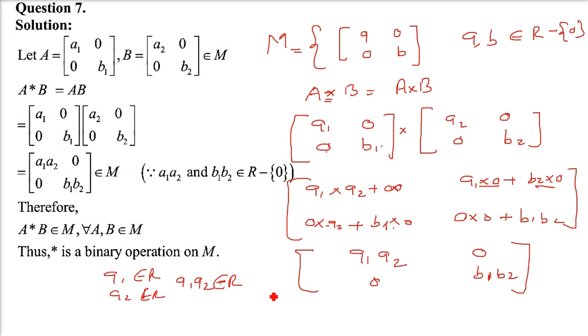Even if it is 0, it doesn't matter, because it will belong to real numbers. Real numbers have 0 inside them. B1, B2, the same logic goes. B1 and B2 belonging to real numbers, so B1 into B2 will always be a real number. Right? Okay. So this particular result also belongs to this M set. This star is a binary operation on this capital M, because A belongs to M, B belongs to M.